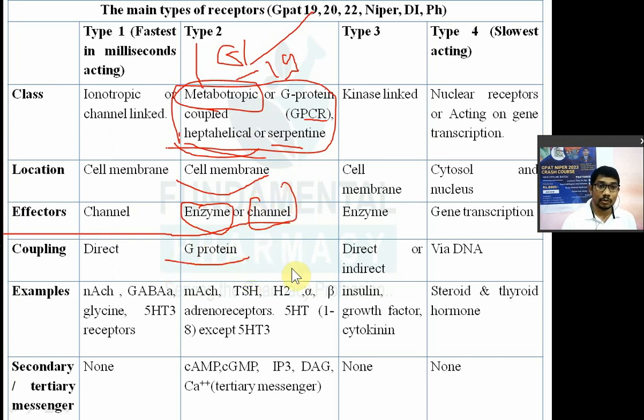Now, what are the examples of this GPCR? So these are the examples: muscarinic acetylcholine receptors, thyroid stimulating hormone receptor, adrenergic alpha receptor, adrenergic beta receptor.